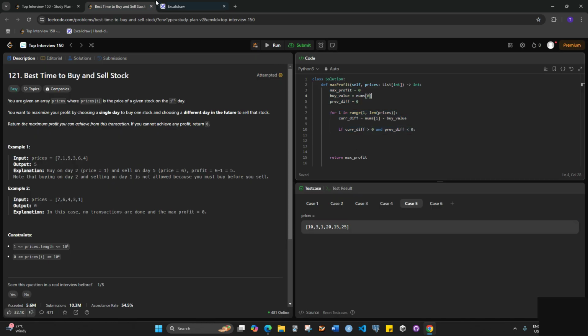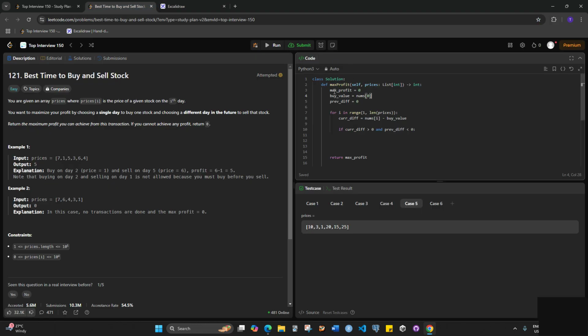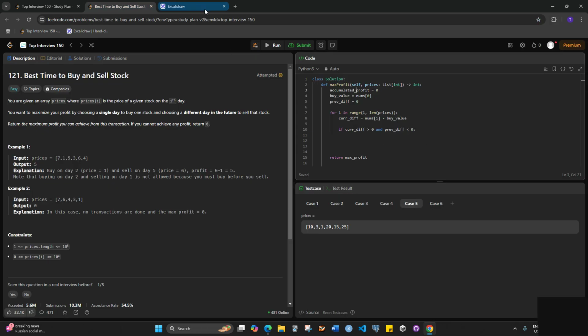So max profit equals 0, buy value previous. So accumulated profit by the previous date. Current diff is equal to this. So incremental profit is equal to current diff plus previous diff.